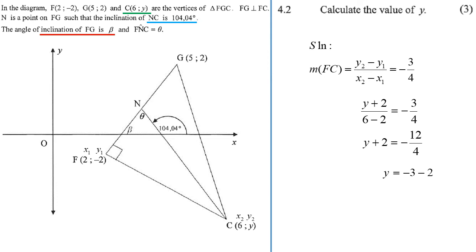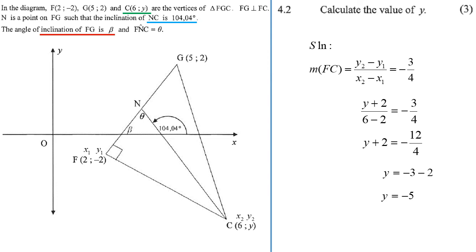So in simple terms, remember, our y is expected to be negative, and -3 minus 2 will give us -5, which is mathematically accepted and valid. So it means your y will be equal to -5. As a result, the coordinates of C will be 6 and -5.